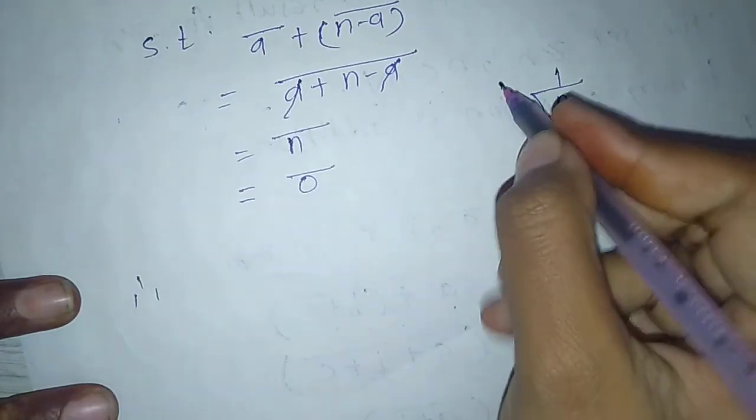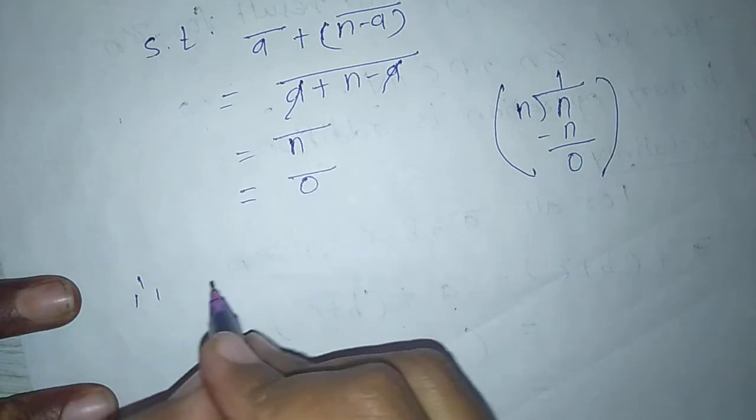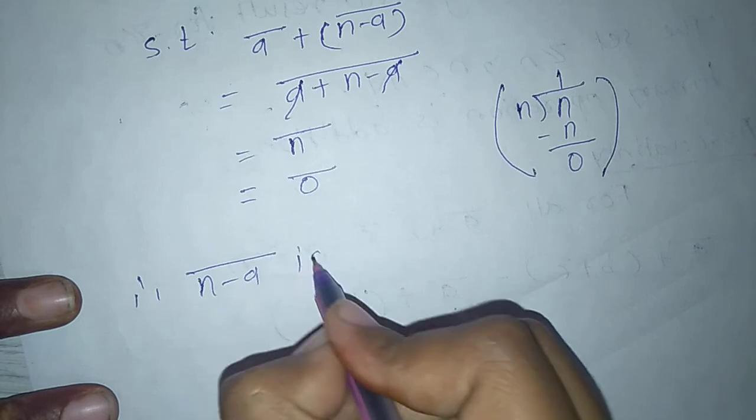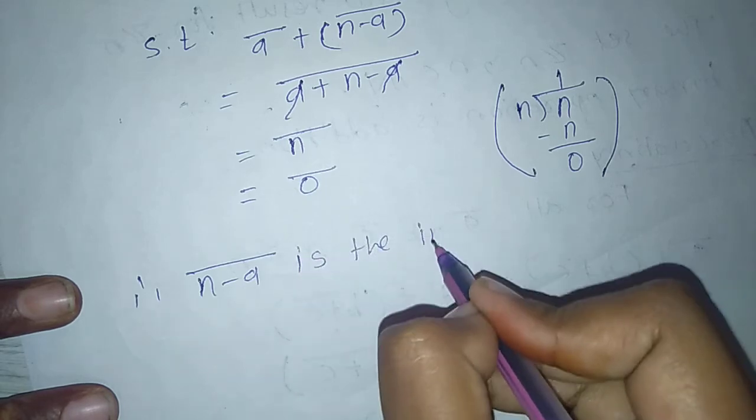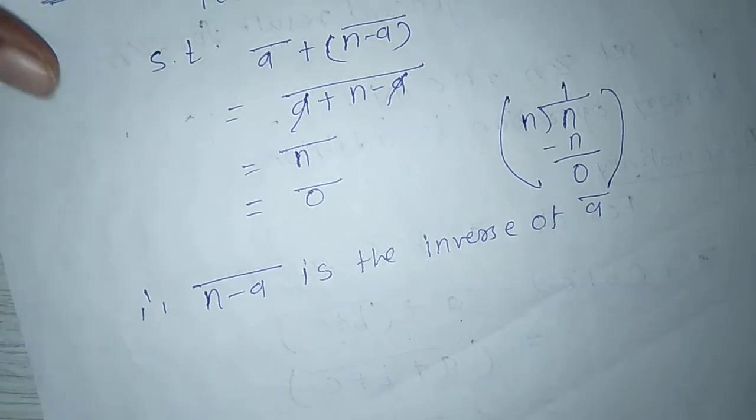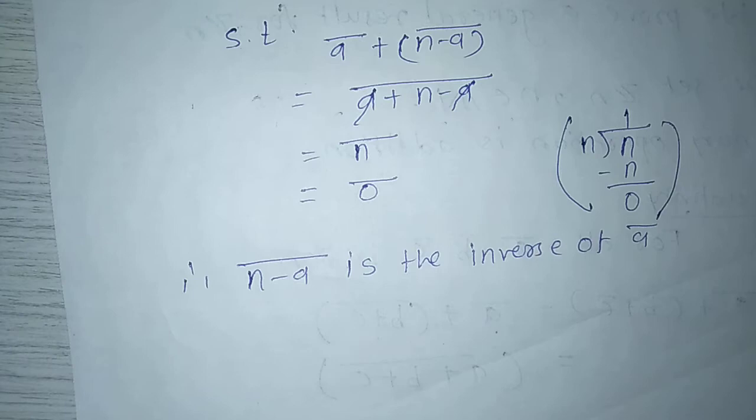Therefore n minus a whole bar is the inverse of a bar. Therefore from associativity, identity and inverse we get Zn is a group.